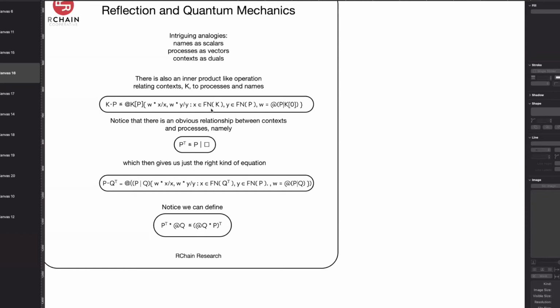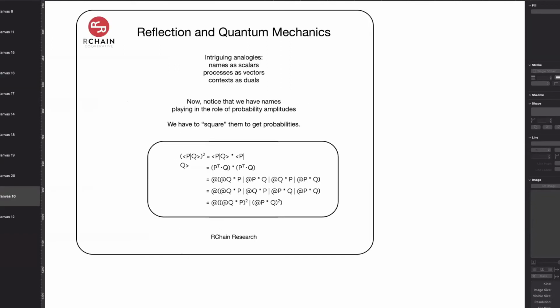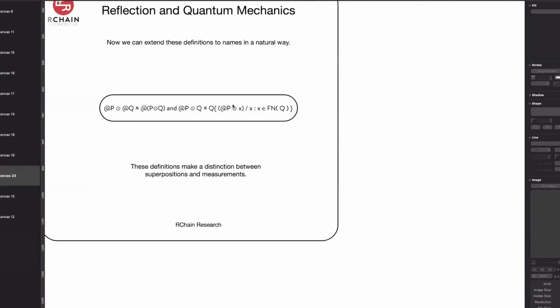So, and in particular, you get non-local correlations when you do this, because you can potentially get names coming to the same... how do I say this?